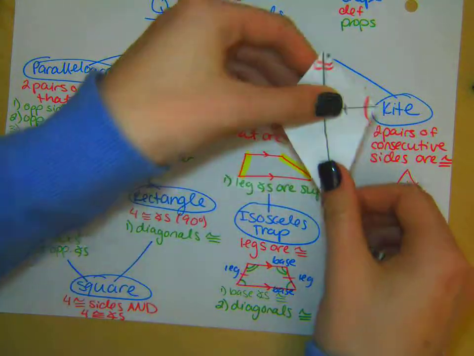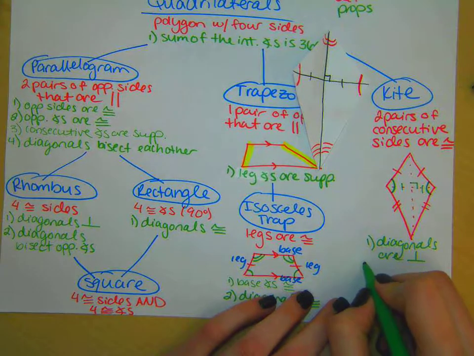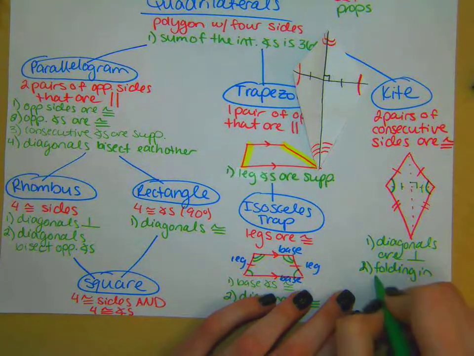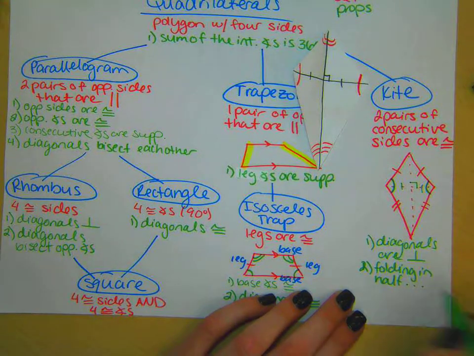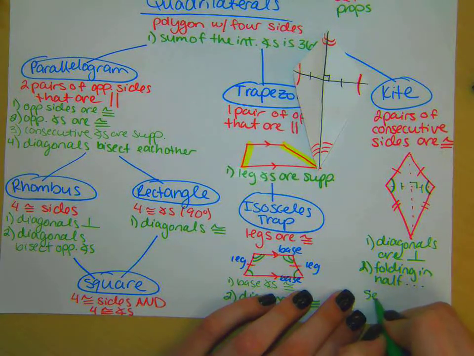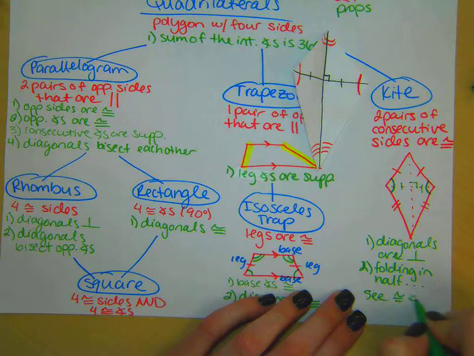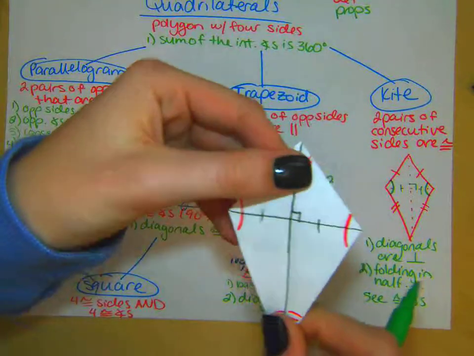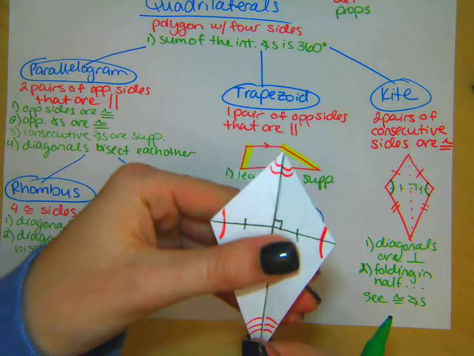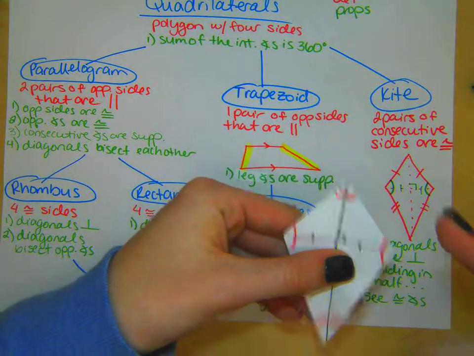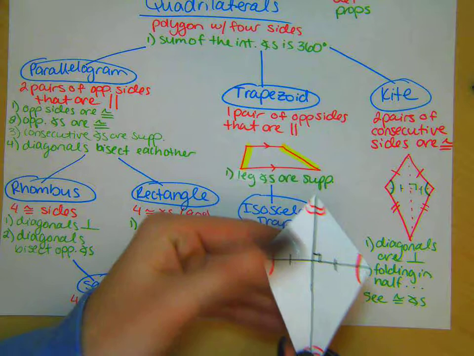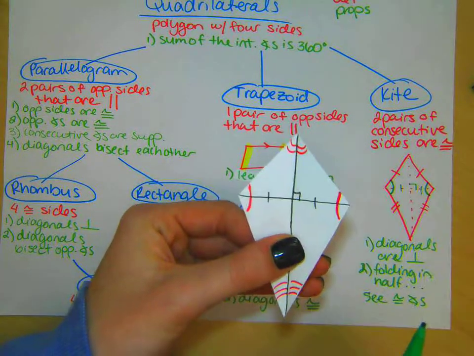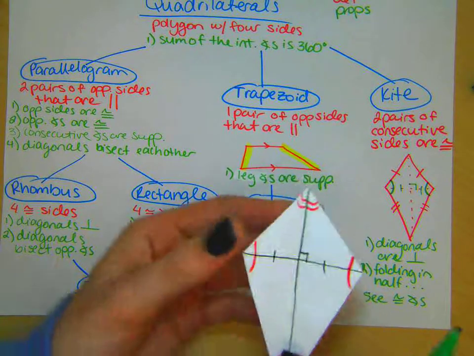So what I'm going to write down here is, folding in half, you see congruent angles. So yes, we could write a property that says the pair of opposite angles are congruent and the other pair of opposite angles get bisected. That's a lot to write, when we can just identify what happens when you fold that kite in half along the diagonal, that's the bisector.